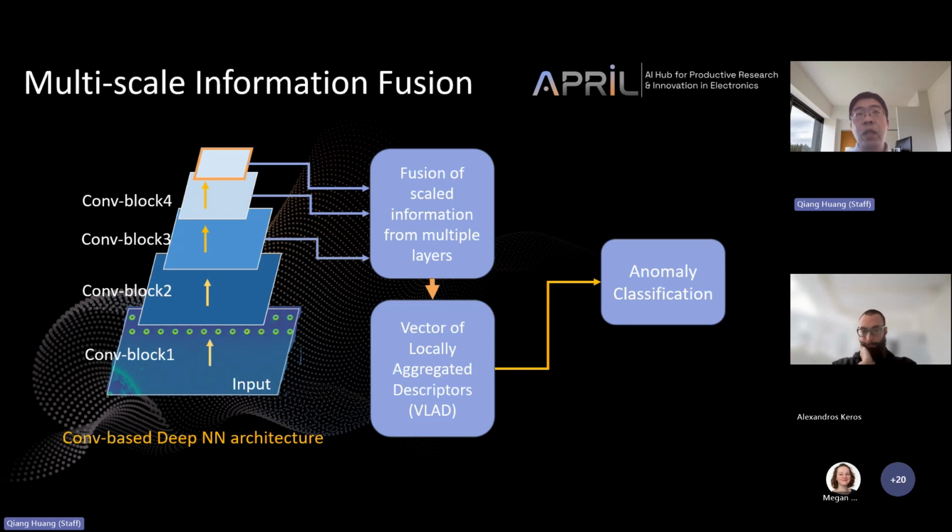If we use a deeper neural network, there should be more convolutional layers, but also other layers like batch normalization, activation, and even other specific layers in order to improve performance. Unlike the traditional way of only using the output of the deep neural network, in our work, we try to use the information from multiple layers.